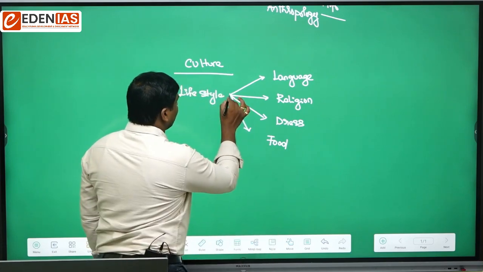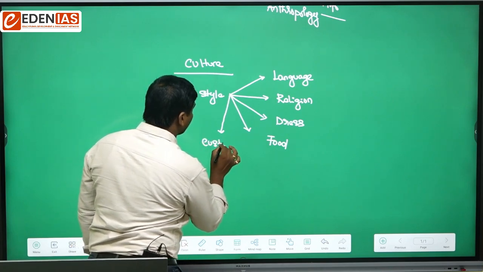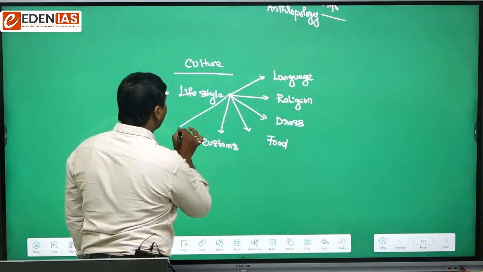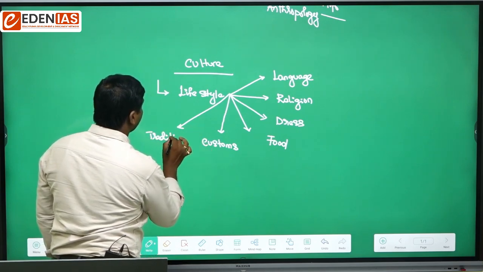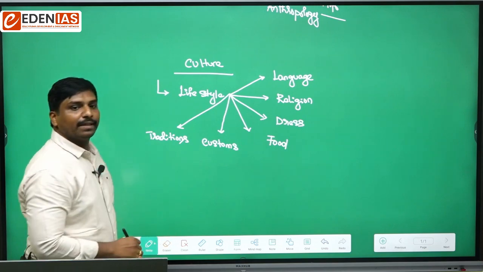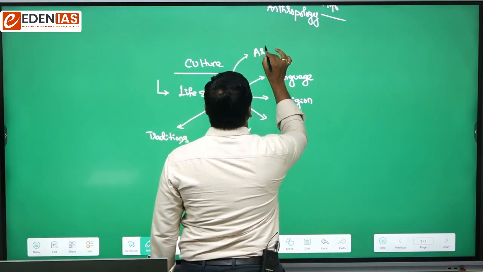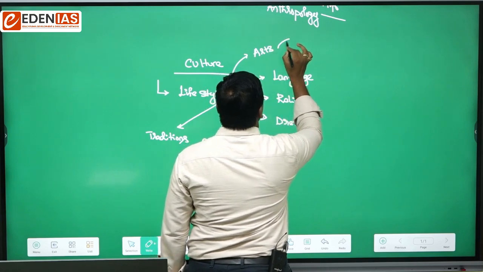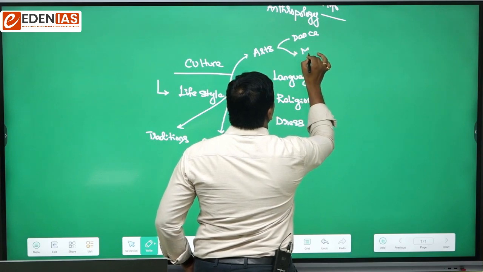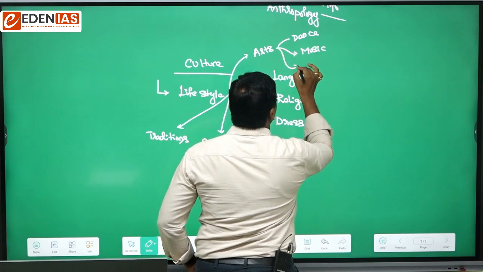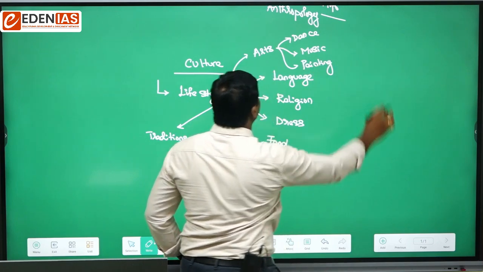In other ways we can say man will also have specific customs as a member of society. Man will also have specific traditions, and he will follow many arts. The arts can be, for example, dance, music, or painting. Are you getting that?